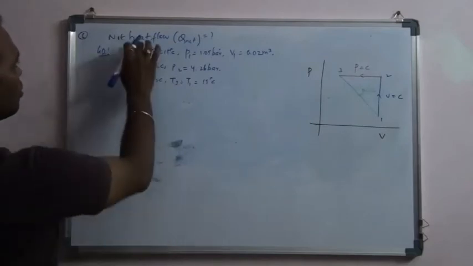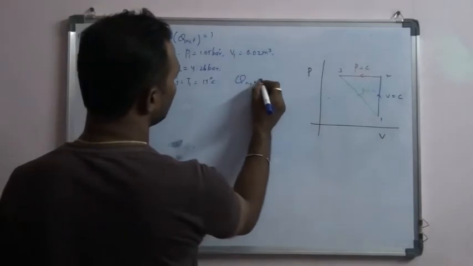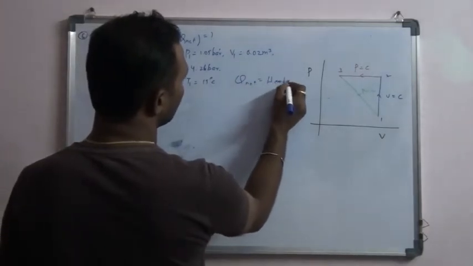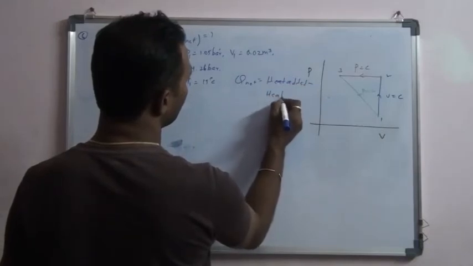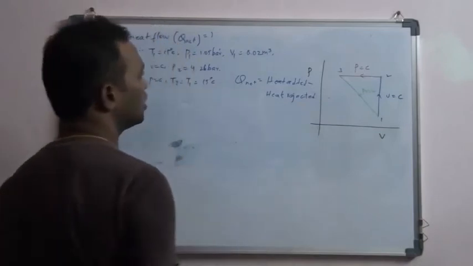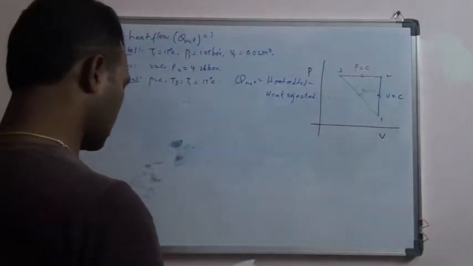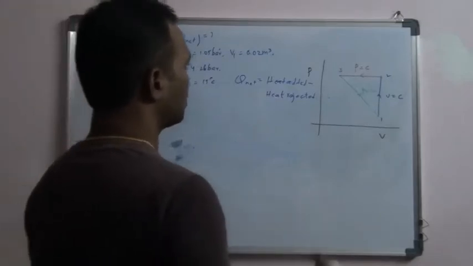So we need to calculate Q net. How do you calculate Q net? Q net is equal to the heat added minus the heat rejected. Where has the heat been added and where has it been rejected?